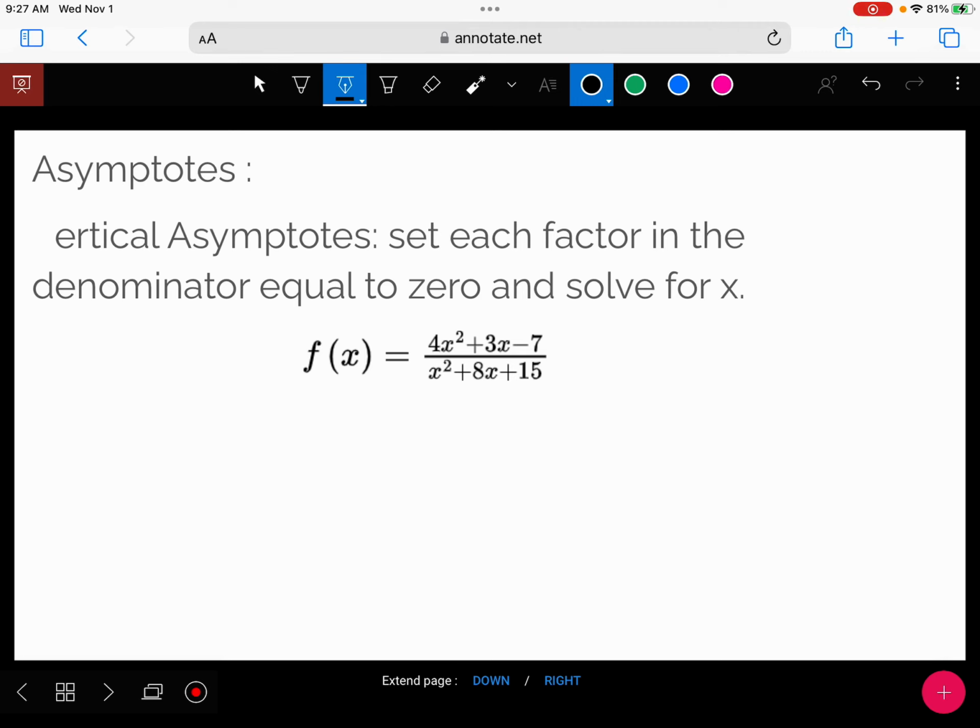That's so weird. On my screen, it does not have a V in the word vertical, but on your screen it does. Oh, I can't do that because that looks weird on your screen. Well, if you watch the video, just know there's a typo. It's not a "ertical" asymptote, it's a vertical asymptote.